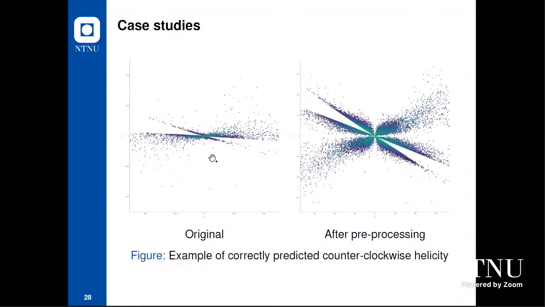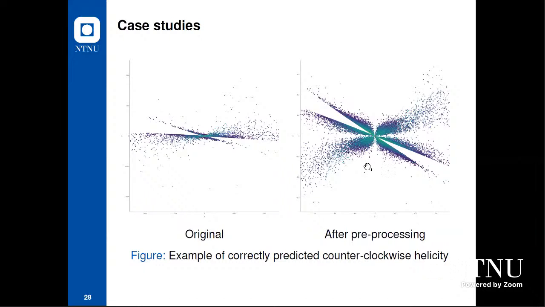This instead is the counterclockwise helicity. This is the same graph as I've shown at the beginning, and as you can see, this is counterclockwise because of this, and this has been classified correctly. This graph is of course related to this because I applied the same transformation to all the graphs, but at the same time, this graph does not have a physical meaning.